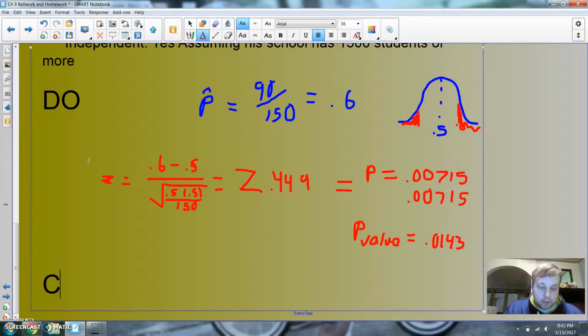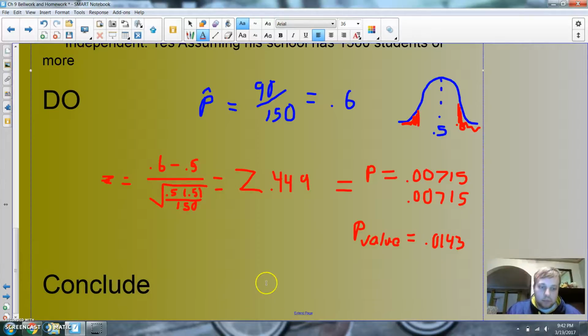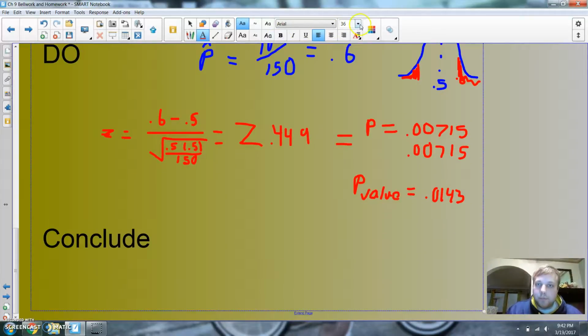So, in conclusion, where are we at? Conclude. In conclusion, here we go. Two-tailed test, you've got to remember, taking the top, and I've got to take the bottom. So I'm really multiplying whatever p-value I get by 2. So, my conclusion.